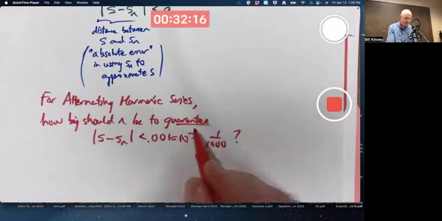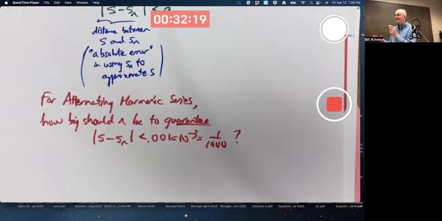It's a guarantee. The theorem gives you a guarantee. It's possible you might be able to get away with a smaller value then.